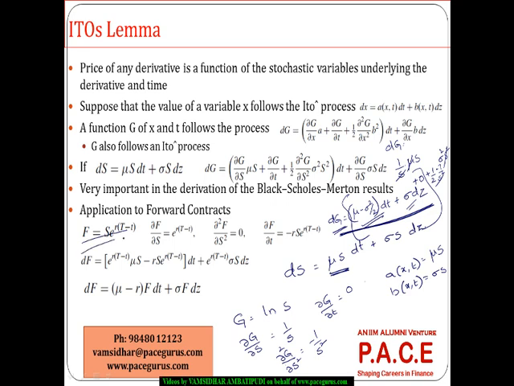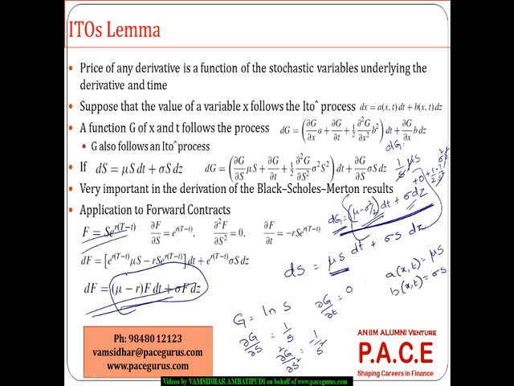For forward contracts, let's say f equal to this. Now I can find out dou f by dou s, dou squared f by dou s squared, dou f by dou t. Again df. So from here I can very well find out that the change in the forward price is coming out to this kind of an expression. With Ito's lemma, for anything that I am taking up, I just need the function of this form.